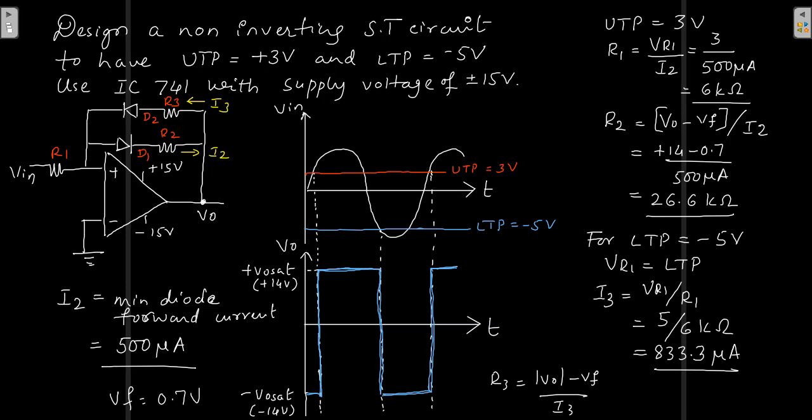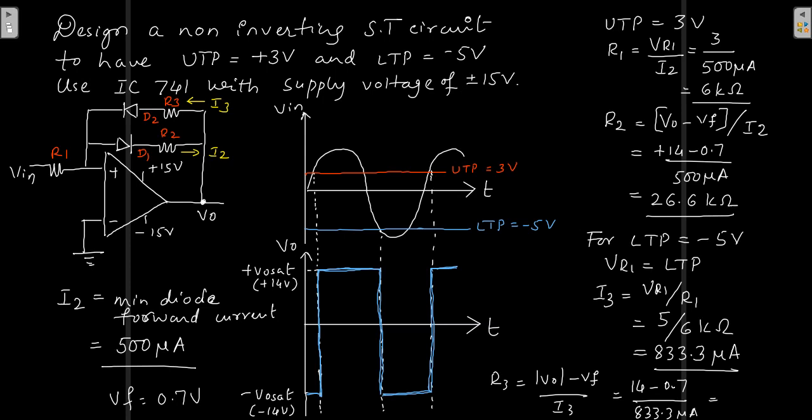So this is 14 minus 0.7. It will remain minus 0.7 only because the diode direction is reversed now. It is not the same diode, right? Please don't make those kinds of mistakes. So divided by 833.3 microampere.